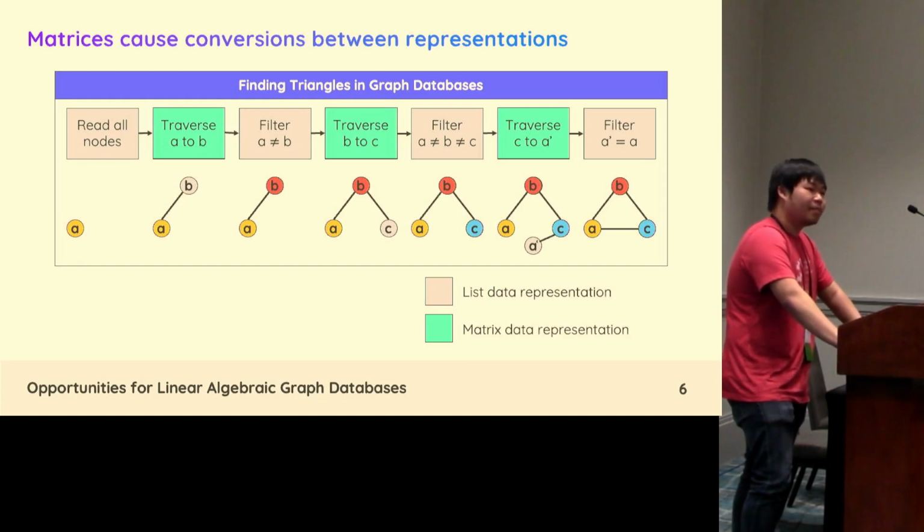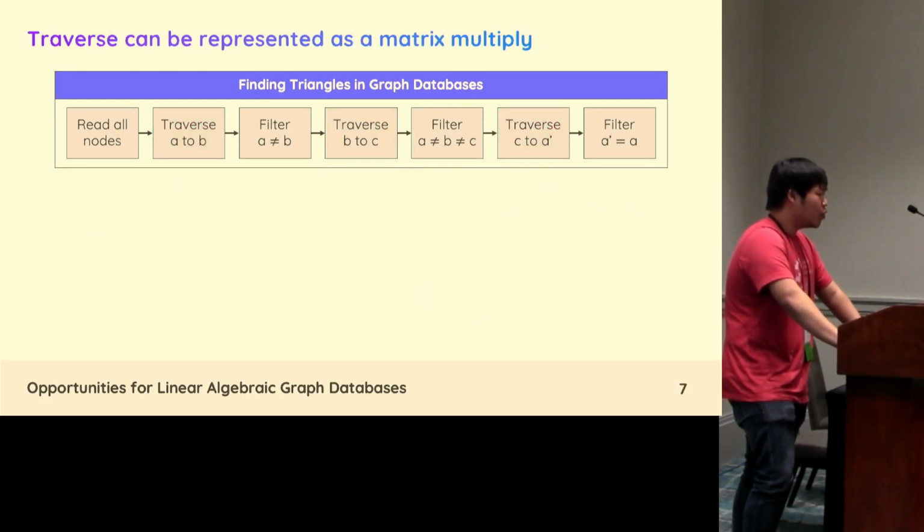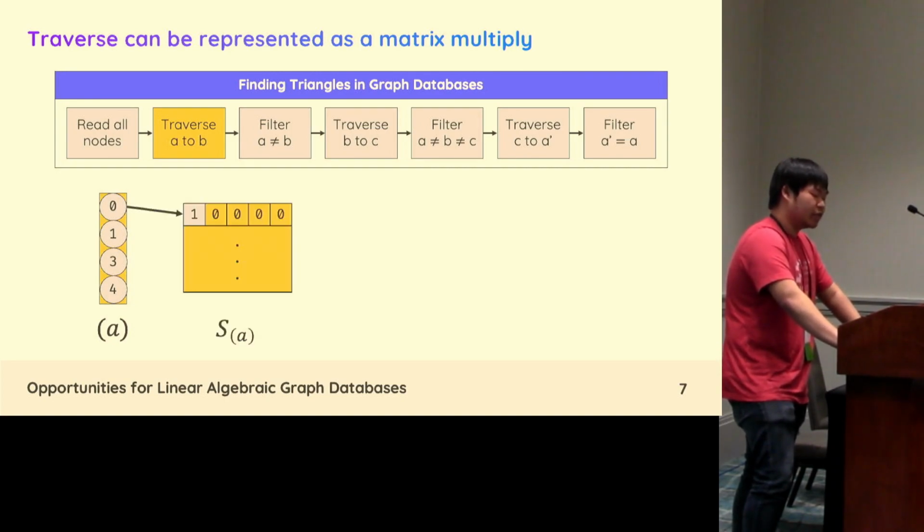People in the GraphBLAS community recognize that traversal can be represented using matrix multiplication. Let's see how. We're going to zoom into the traverse A to B stage. Let's assume that the first stage, which is the read-all-nodes stage, is represented in the graph database representation, so we get a list of nodes. Then we convert the list of nodes into a node matrix to use GraphBLAS.